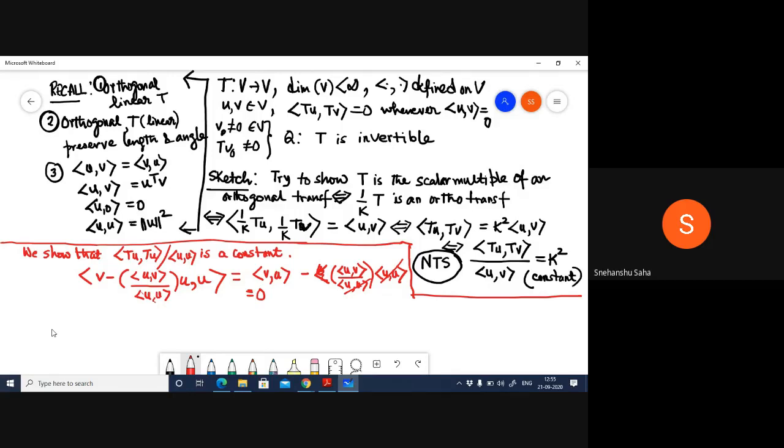So we just apply T on the whole of it, and we know that by virtue of the linear property of the linear transformation, T of 0 is 0. So now if I apply this T, what I get is TV minus, and this is just a scalar, times TU, inner product with TU, and that is also 0.